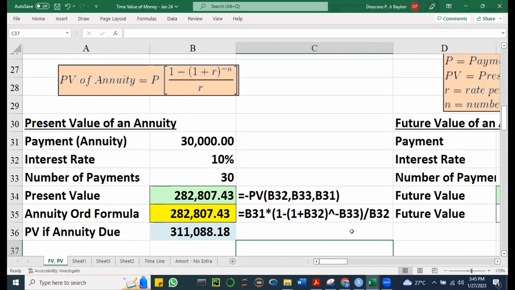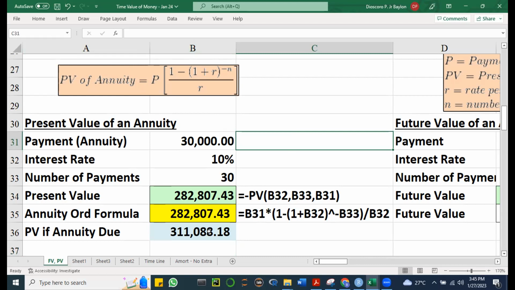Of course, the first formula, the PV function, is a lot easier. Then you should be getting the same, because the PV function of Excel is based on the formula of getting the present value of an annuity.